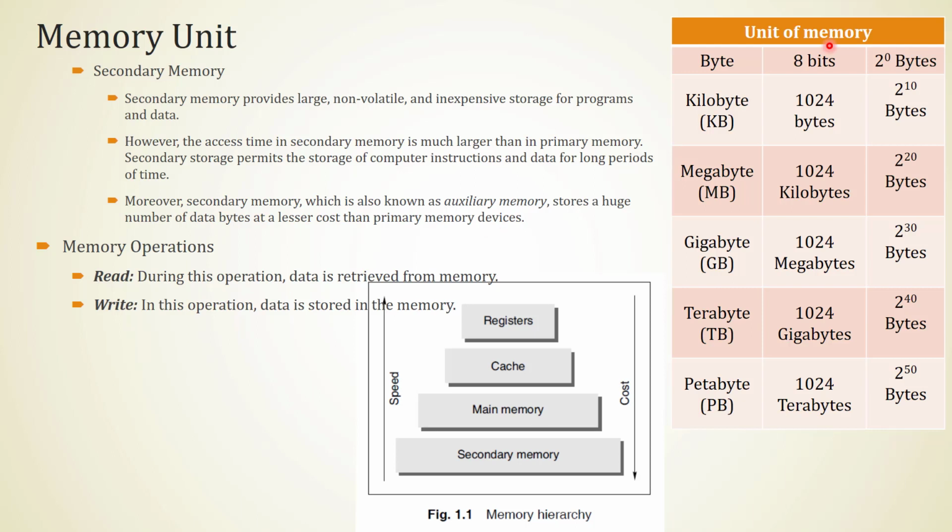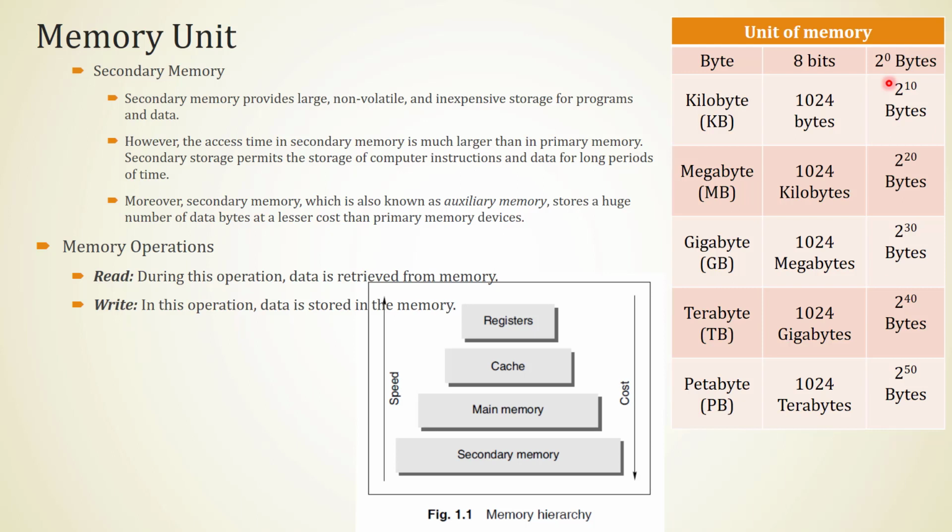Just look at this table. This is the unit of memory. You all know a byte means 8 bits; we already discussed this in the previous slides. That is 2 raised to 0, so 1 byte contains 8 bits. Then kilobyte, you may have heard about that. 1 kilobyte contains 1024 bytes. 1024 is 2 raised to 10. If you notice, kilobyte, megabyte, gigabyte, terabyte, petabyte, everything is in powers of 2.